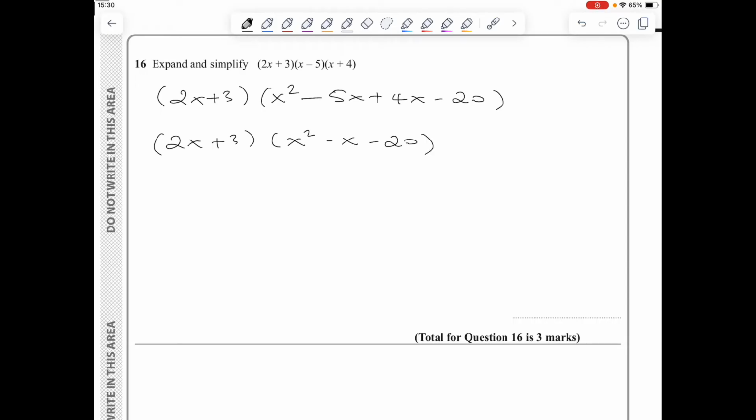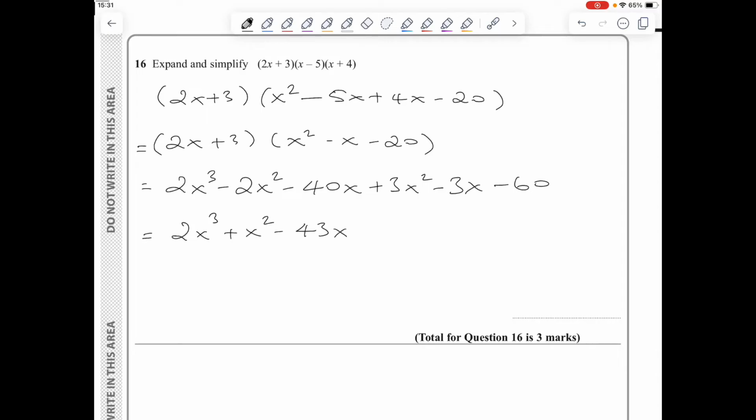And now let's expand everything. 2x to the power of 3 minus 2x squared minus 40x plus 3x squared minus 3x minus 60. And if I collect like terms, I get 2x to the power of 3 plus x squared minus 43x minus 60.